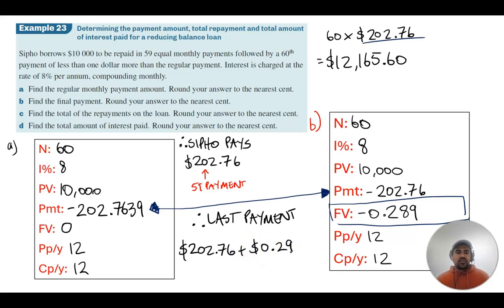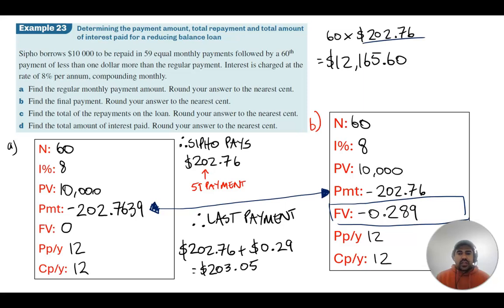So it is a bit of an annoying thing that you have to calculate just that little error that occurs, but it does specify that the 60th payment is more than the regular payment by an amount that's less than $1. Well, that amount is less than $1, it's 29 cents. This would give me a payment of $203.05. So this here is his last or final payment.